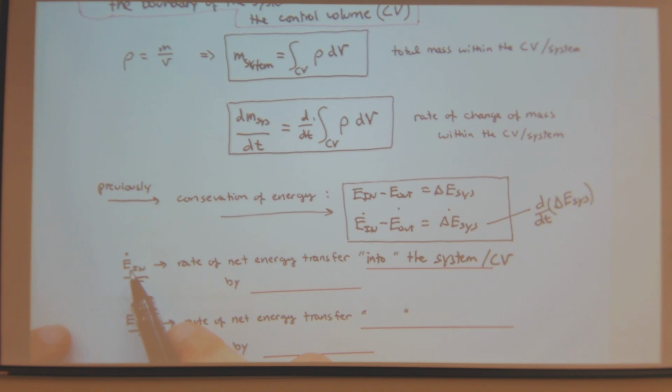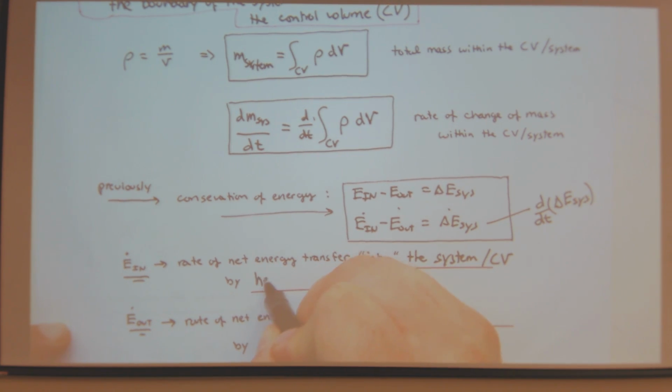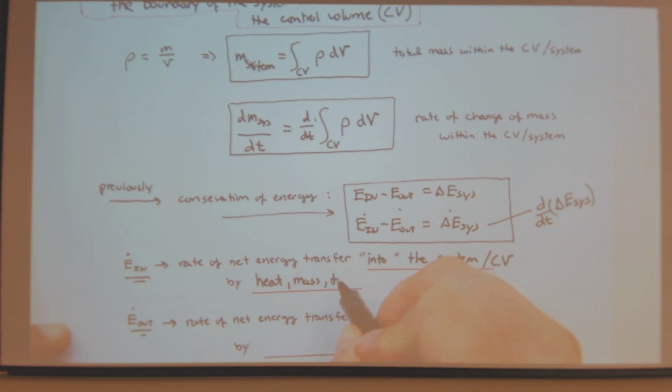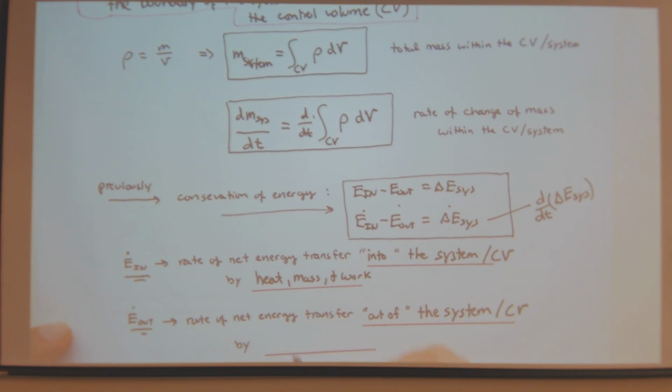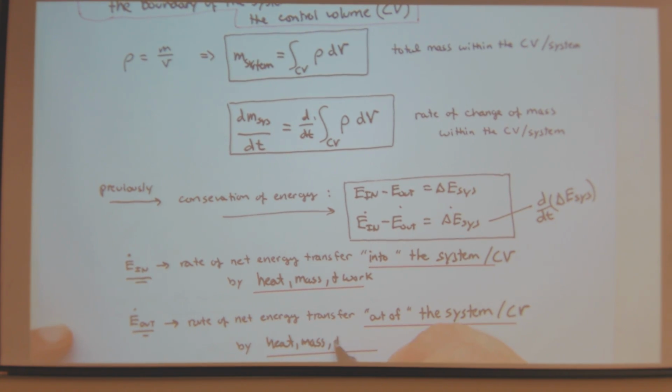So, E dot in is the time rate of change of energy transfer into the system / control volume by heat, mass, and work. So same thing, E dot out is out of the system / control volume by heat, mass, and work.